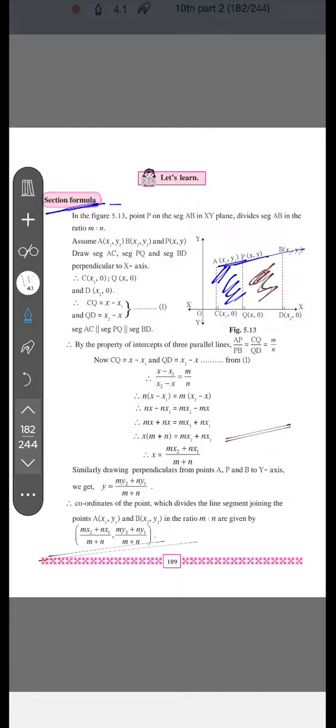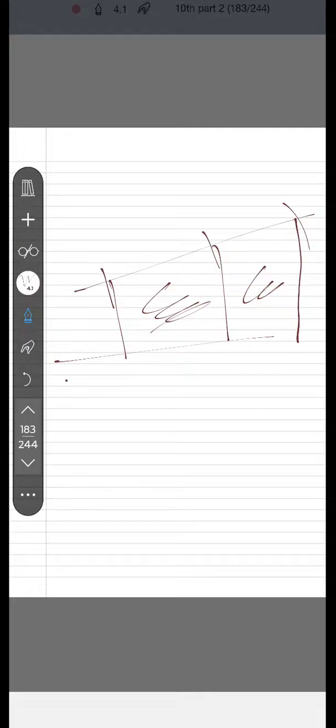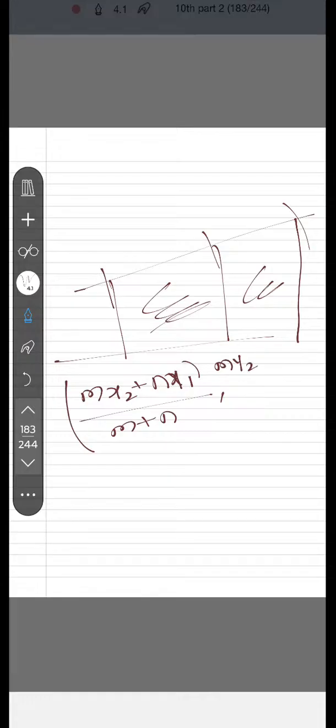The section formula says: (m x2 plus n x1 upon m plus n, m y2 plus n y1 upon m plus n). That is nothing but the section formula.